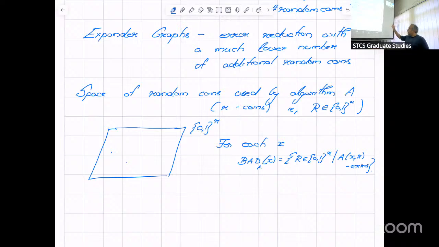That is, if x was in the language, it rejects. If x was not in the language, it will accept.